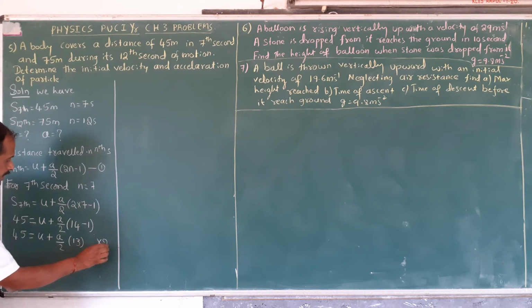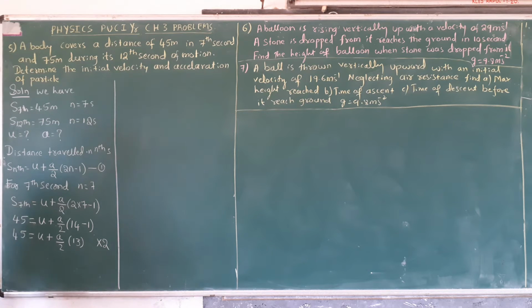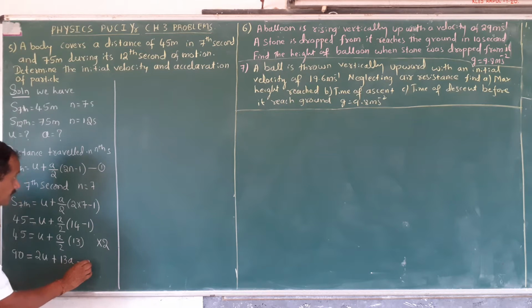Here multiply by 2 on both sides, because you cancel this 2. That is an easy step. Multiply on both sides by 2. It becomes 90 is equal to 2u plus 13a. So you call this equation number 2.